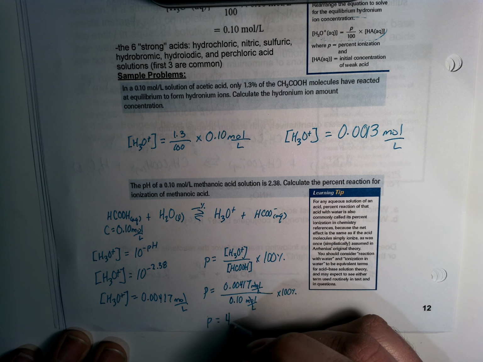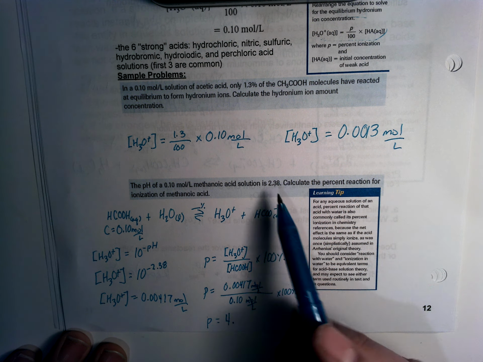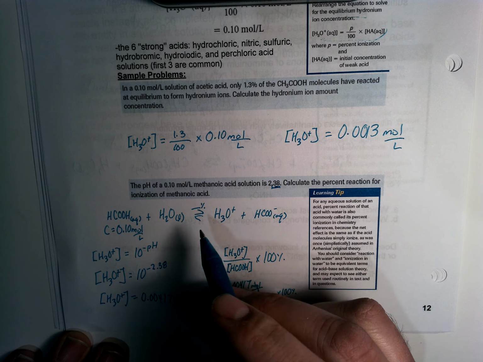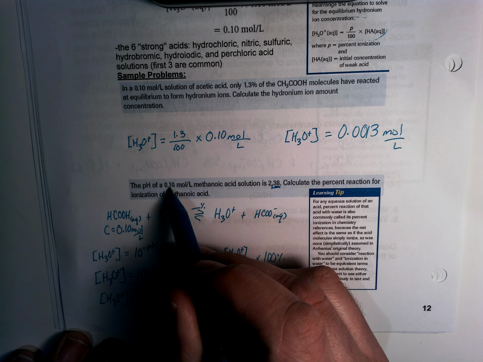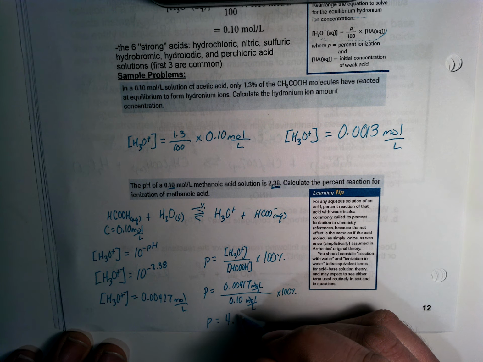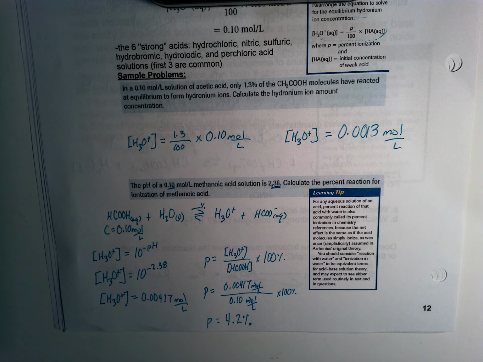We should get 4 point something, and now we look at significant digits. Remember for pH, we only count those after the decimal place. So 4.2% would be our answer.